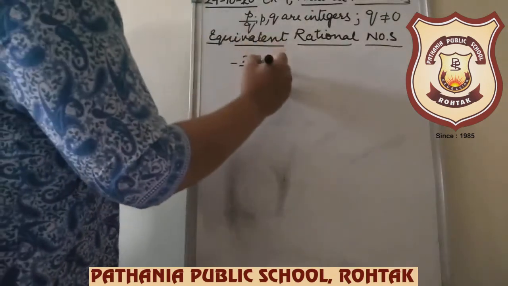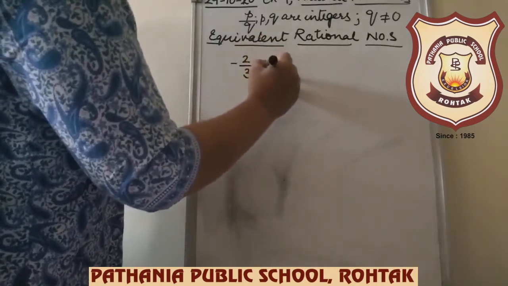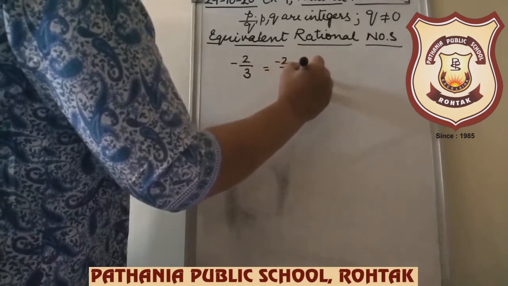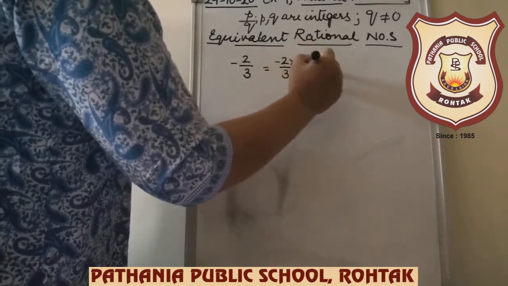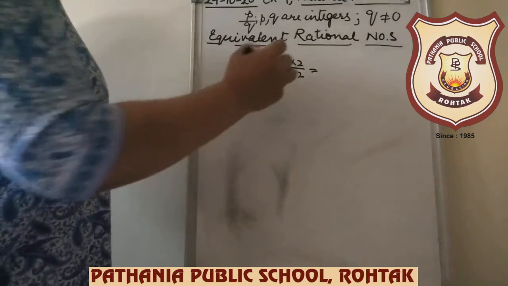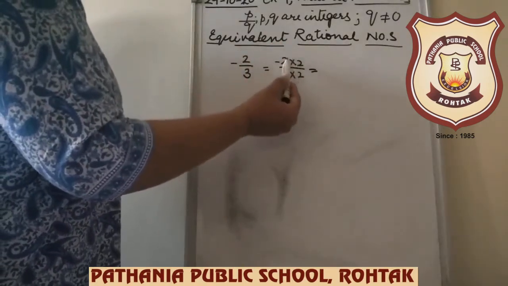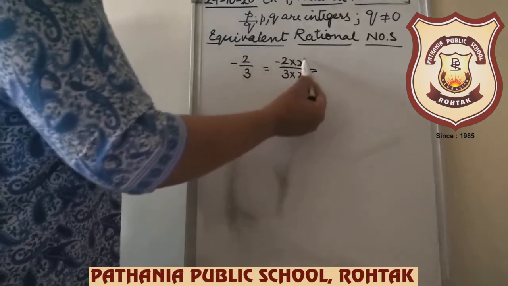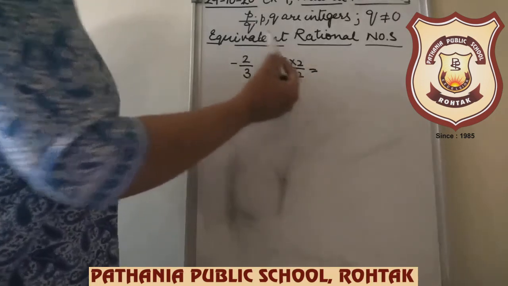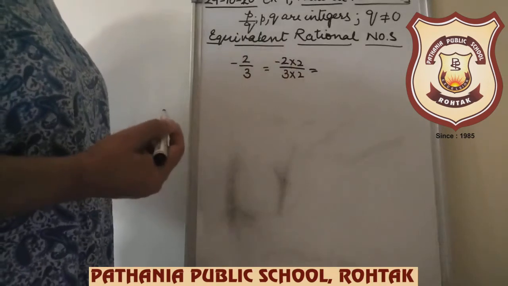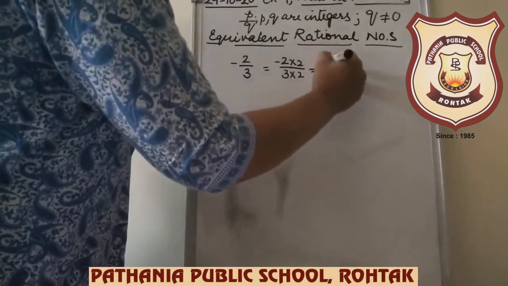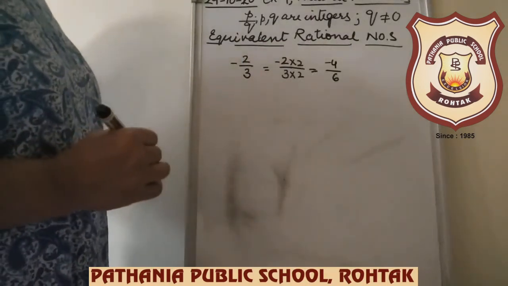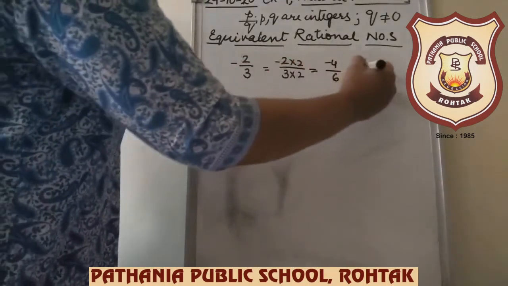So what will you do? Minus 2 upon 3, multiply the numerator and denominator both with 2, means to the numerator you have multiplied with 2 and also to the denominator you have multiplied with 2. Now if I reduce it, I am just left with minus 2 upon 3. So it will become minus 4 upon 6. Clear?